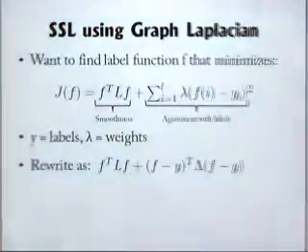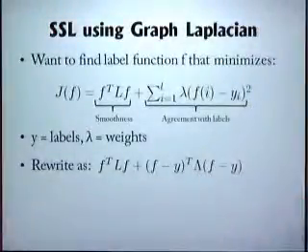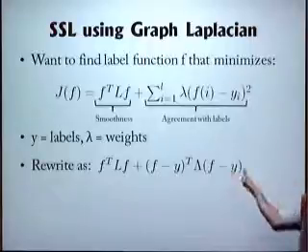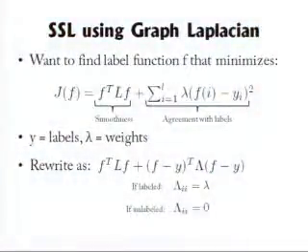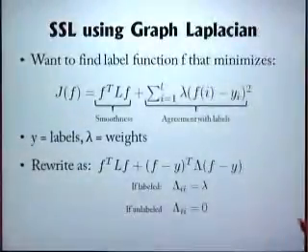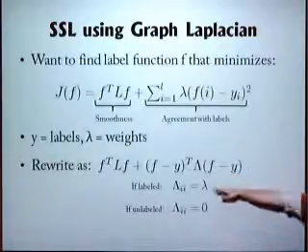And you can then rewrite this, as this weight here is just a kind of diagonal matrix. And what you'll then want to do is to find the f that minimizes this expression. So this is a fairly straightforward thing to do. So just to make clear, the points that are unlabeled have 0 weight in this term, and the ones that are labeled have some fairly large value lambda.